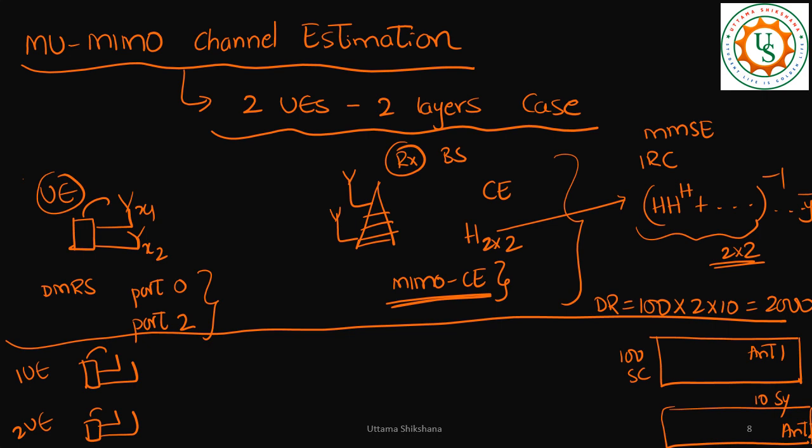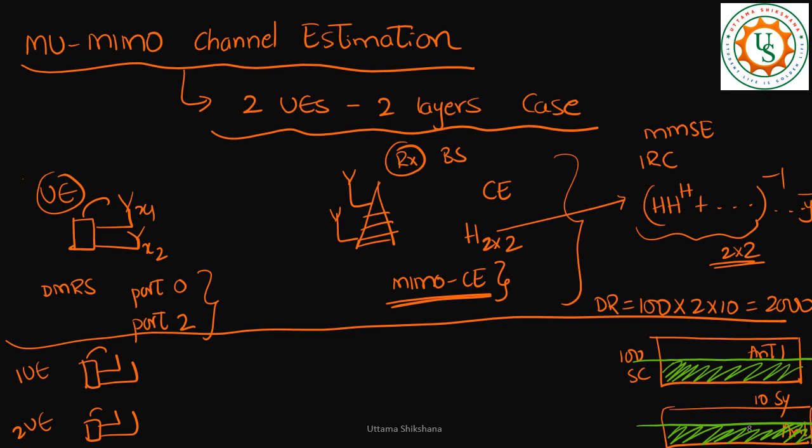Now for the 2 UV case, how are we going to divide the resources? We would be doing frequency domain multiplexing in the same slot, right? Which means that this OFDM grid would be divided between the UVs. Okay, so let's say the 50 subcarriers would be allocated to UV number 1 on both antenna 1 and 2, and the other 50 will be allocated to UV number 2.